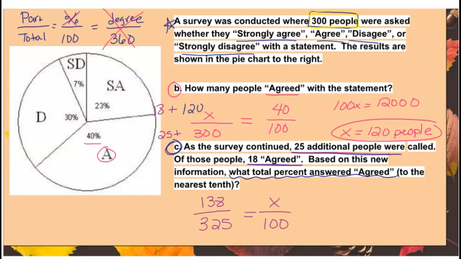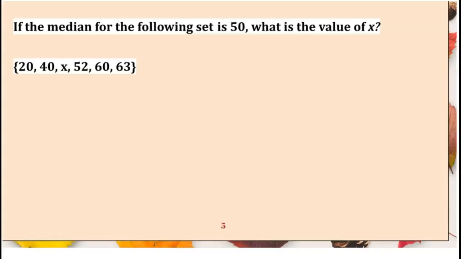Let's cross multiply. 138 times 100, and that's equal to 325x. Divide by 325, and we get 42.4615. It says round to the nearest tenth. So that's right here. I'm going to look to the right, 5 or better, give it a shove. So I'm going to say 42.5%.